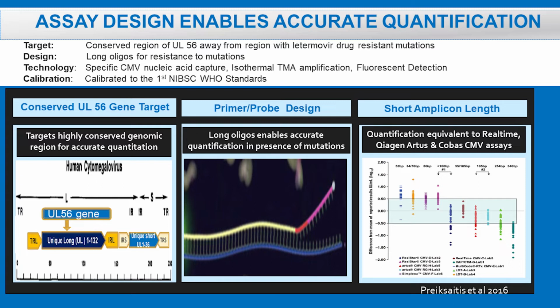Talking about assay design, this assay targets the UL56 gene of CMV. And I know the first thing that comes to mind is that there are publications on drug-resistant mutations to the drug letermovir targeting this gene.